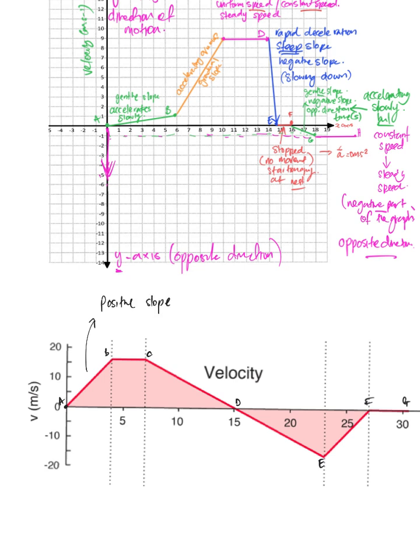So this person starts off accelerating. So I can say there's a positive acceleration. All right, then what happens? From B to C, over here, I have a horizontal slope.